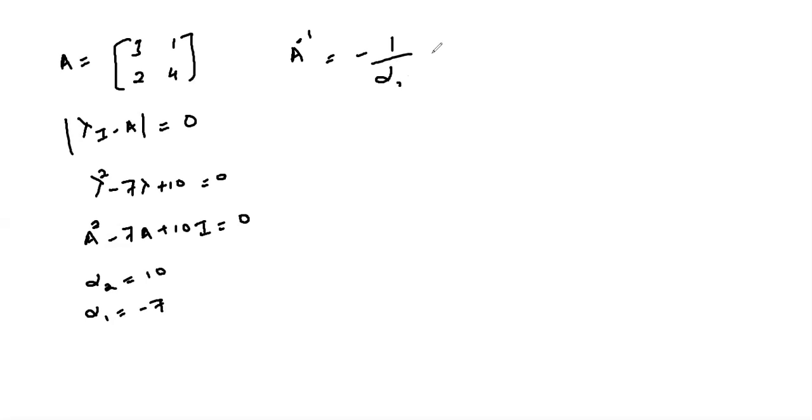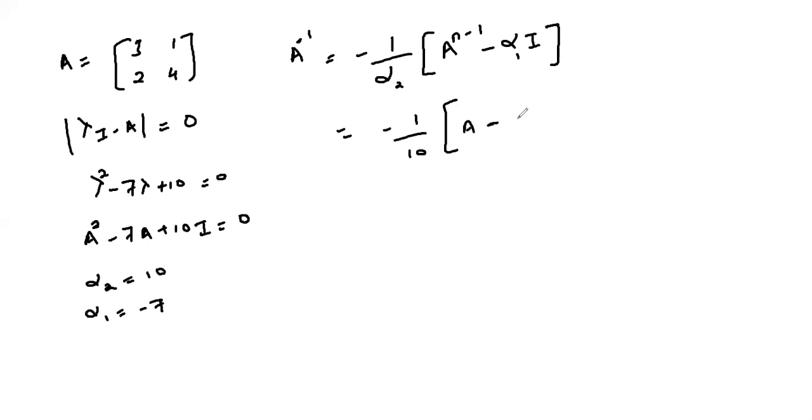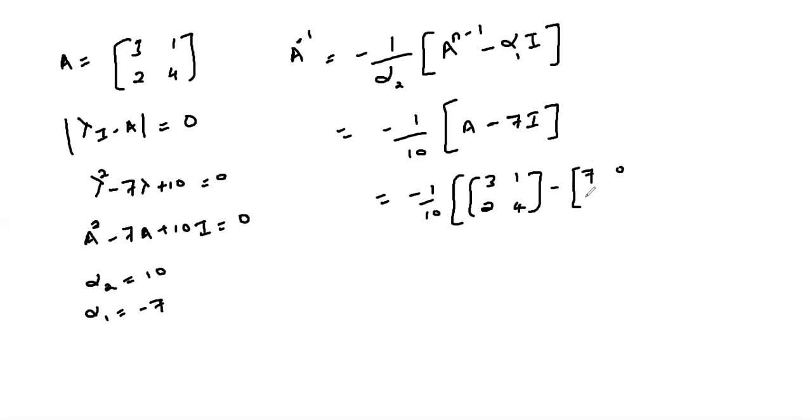Our n is 2, so alpha 2 into A power n minus 1 minus alpha 1 I, which you can write as negative 1 over 10 into A minus alpha 1 I. Alpha 1 is negative 7, so this will be equal to negative 1 over 10 into the matrix A, which is 3, 1, 2, 4, minus 7 multiplied by the identity matrix of the same order as A to get 7, 0, 0, 7.